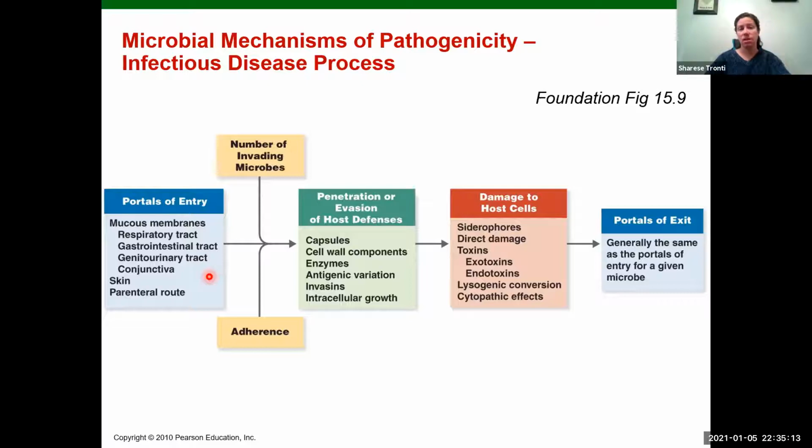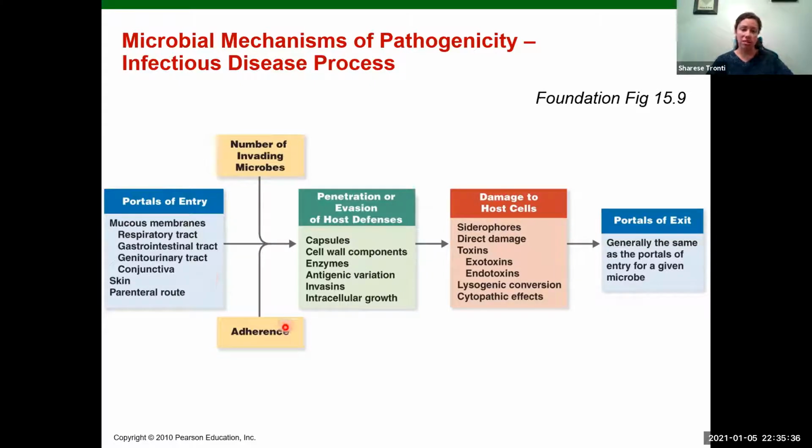It can be based on the number of invading microbes. The more microbes that are invading the body, the more likely they are to overcome the immune system, as well as the presence of other virulence factors, which make them more likely to be able to evade the immune system.